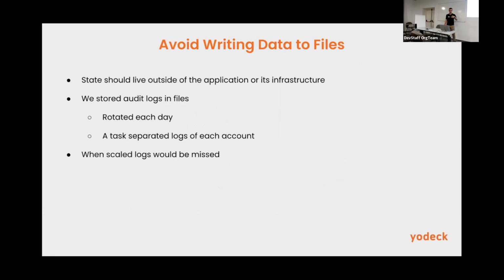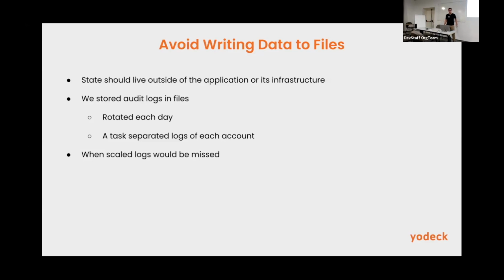We had some cases where we stored state in files inside our instances, and this shouldn't be the case, and state should only live outside of the application, or the entire instance, in a different instance, or in a centralized instance, or in a managed service.